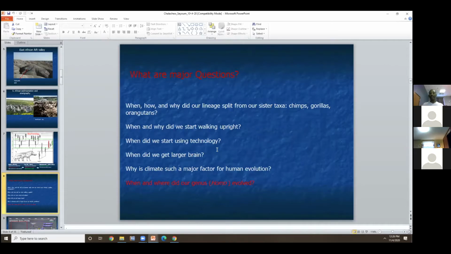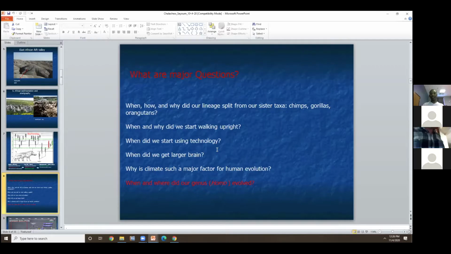When and why did we start walking upright? When did we start using technology? When did we get a large brain? Why is climate change a major factor for human evolution? And finally, when and where did our genus Homo evolve?